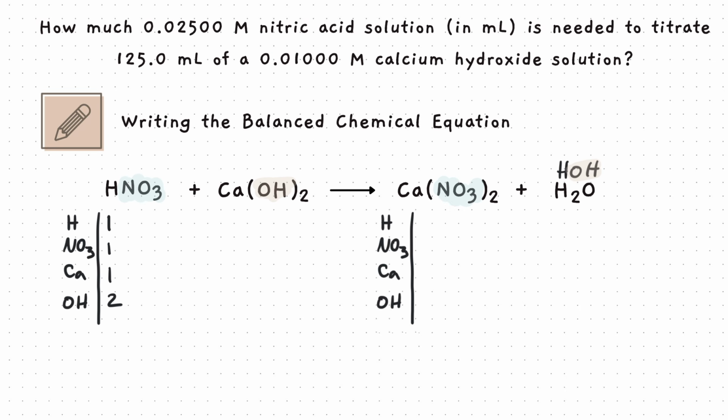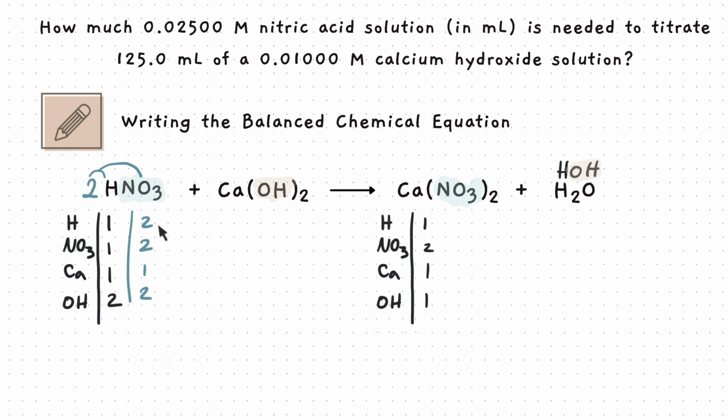On the right side, we have 1 hydrogen, 2 nitrates, 1 calcium, and 1 hydroxide. To balance the nitrates, we can place a 2 coefficient in front of nitric acid. Since we changed something, let's recount the elements on the left side. We now have 2 hydrogens and 2 nitrates. Calcium and hydroxide stay the same.